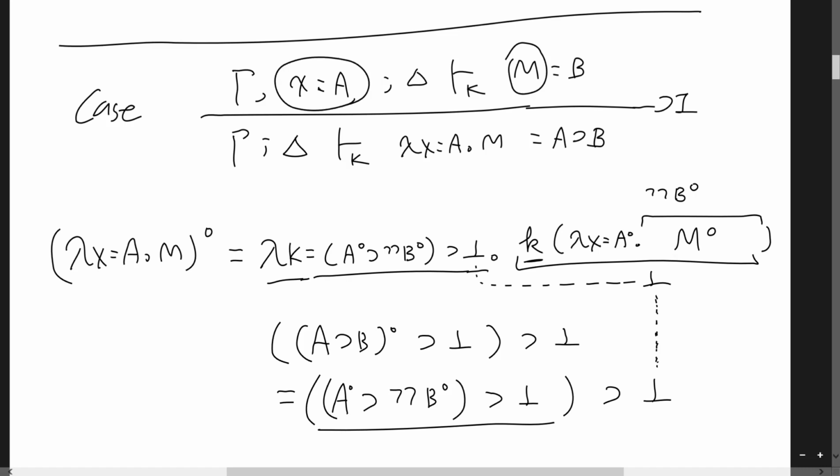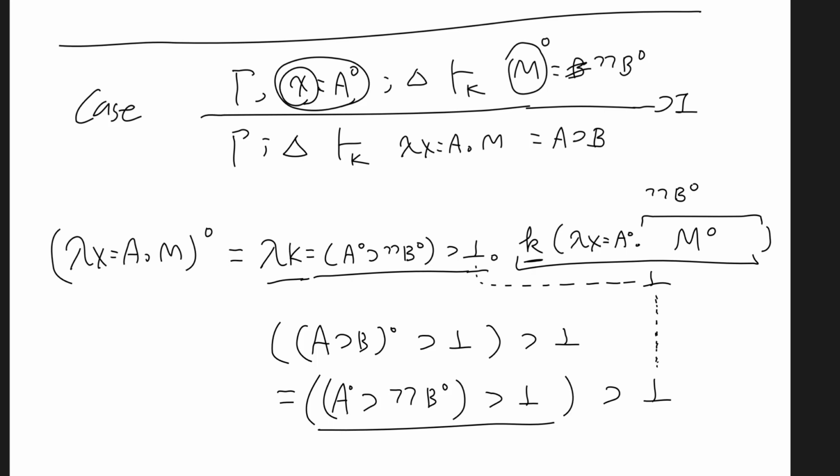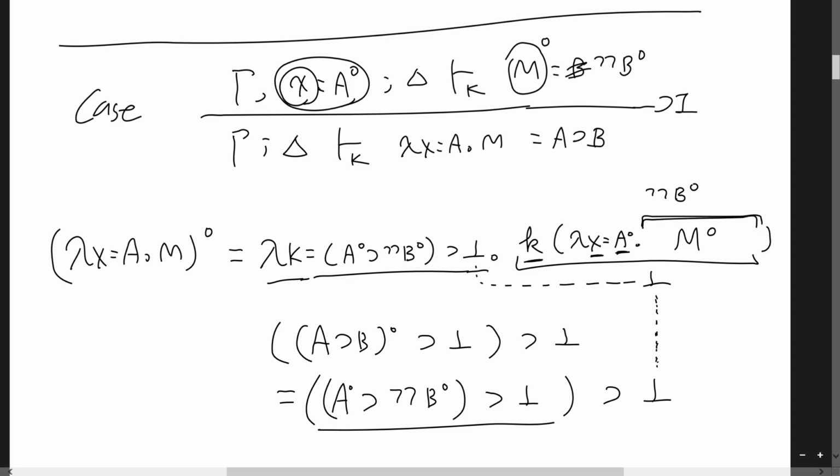That is, by induction hypothesis, M circle has type double negation B circle, provided that x has type A circle, which is precisely the situation we have here. x has type A circle. So therefore, inside this lambda abstraction, M circle has type double negation B circle, which is what we want.